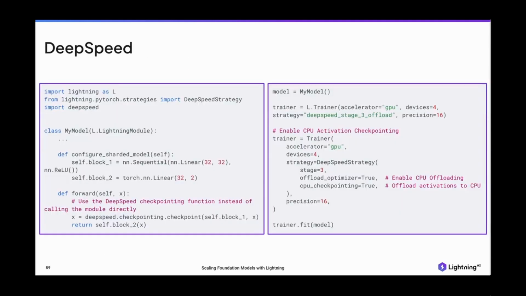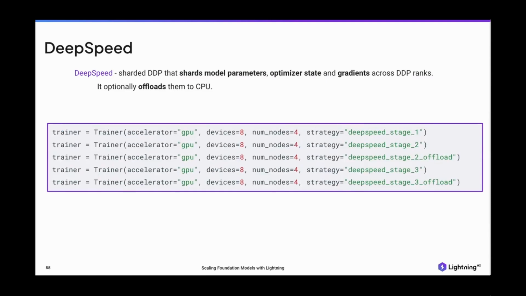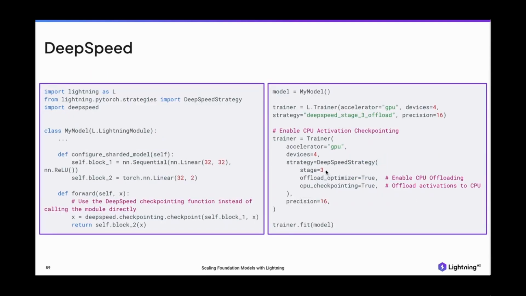Okay, and here we saw how to specify the strategy with a string, and here is how you specify the strategy with an object, where you have very fine-grained control. You can also specify YAML files or JSON files, I don't remember, that DeepSpeed itself uses for the configuration, where you have extra control on everything. And something you want to know is that if you're using sharding, you want to instantiate the model in the configure sharded model hook.